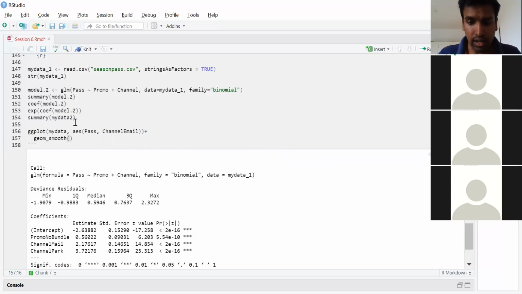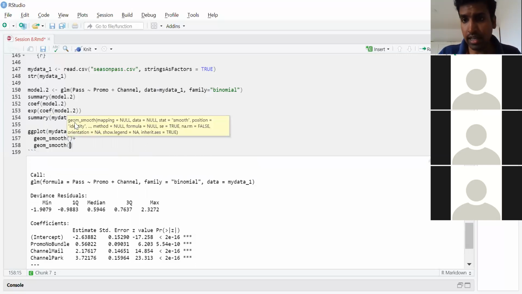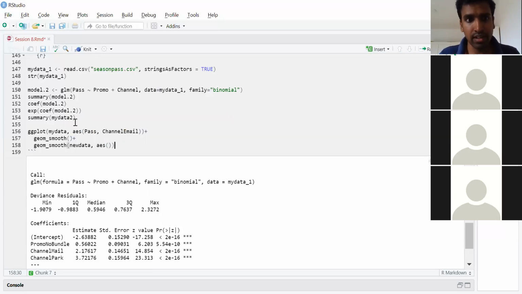Later on, you can also work with another geom_smooth, where you declare your new data and provide aesthetics mappings here, and do similar things. Do you get what I mean? Okay, I understand. Then you can also add one more geom_smooth, which will give three different interpolations, extrapolations, let's say.